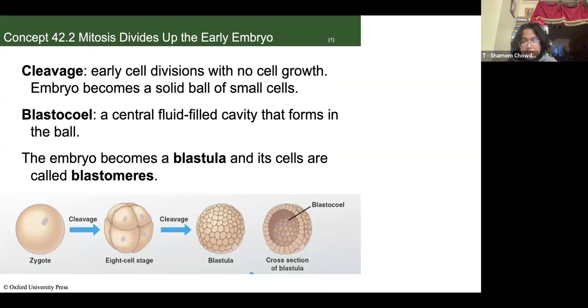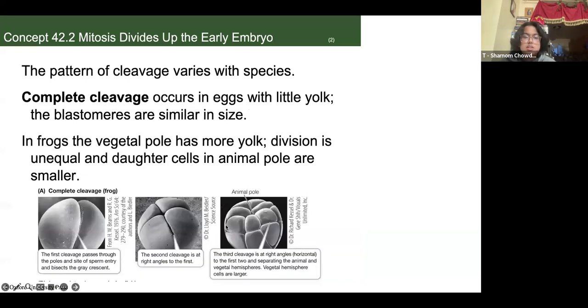The type of cleavage, obviously, depends on the type of animal, but the zygote starts to cleave, and eventually, through more and more cleavage, it becomes a blastula. So the embryo becomes a blastula. Each individual cell is called a blastomere, and within the blastula, there's a fluid-filled cavity called a blastocoel. That's pretty much the main thing you need to know, at least for this process.